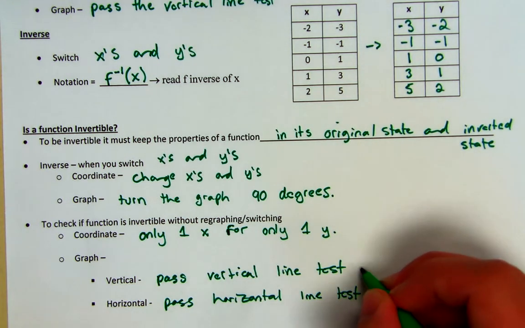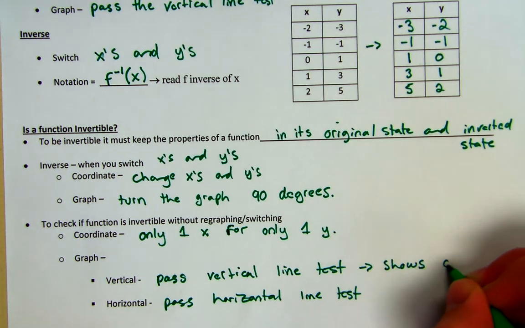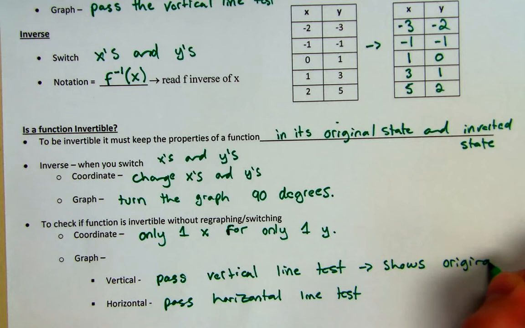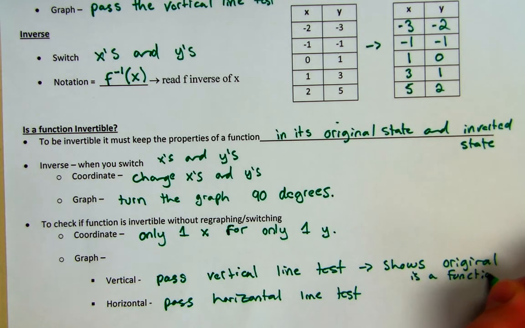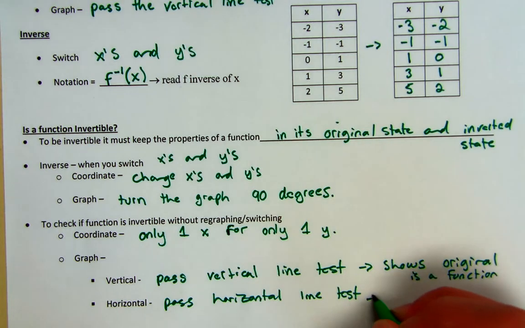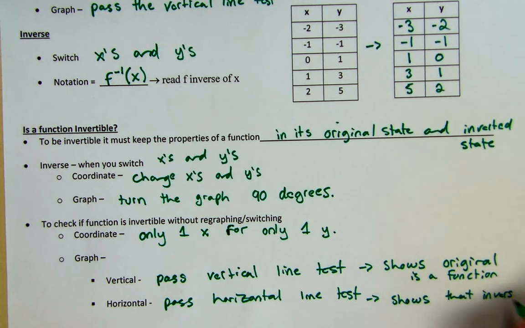Now the vertical line test shows the original is a function, and the horizontal line test shows that the inverse is a function.